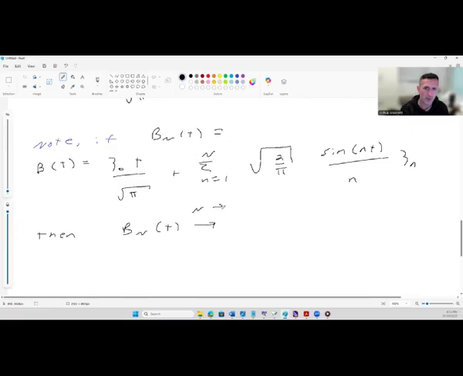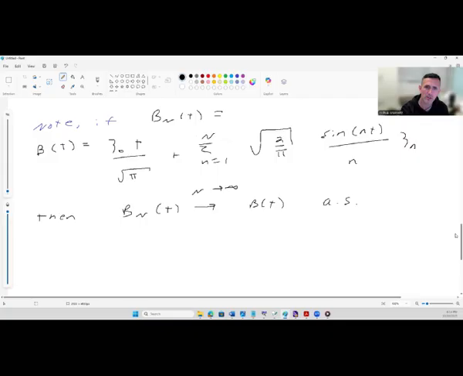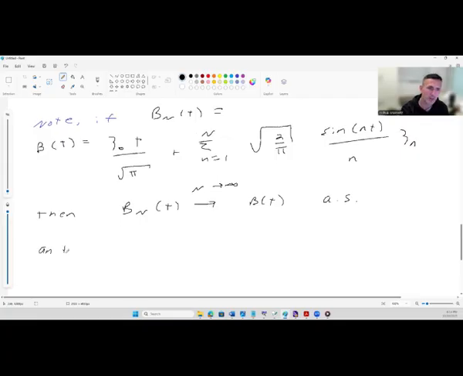As n goes to infinity, this converges to B of t almost surely, in the sense that the probability that this is true is 1. And you can prove that the expectation of (Bn minus B) squared equals 0.